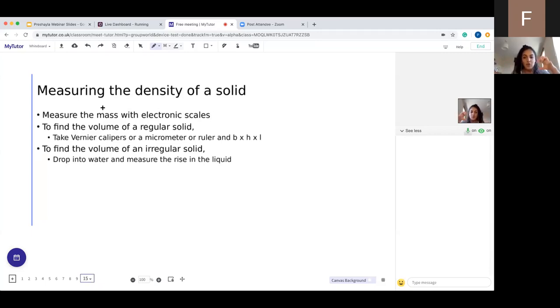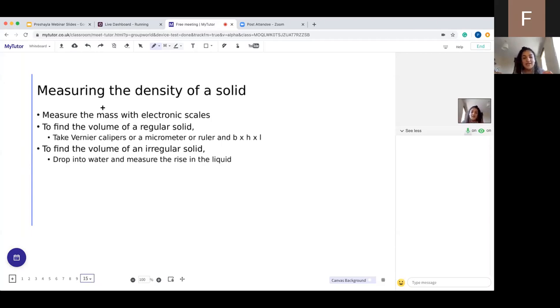We're going to drop our object into the water slowly so it doesn't splash any water out. We're going to drop it in and we're going to measure the rise in the liquid. So before we drop it in, measure the liquid. After we drop it in, measure the liquid. And the rise in the liquid measurement is equal to the volume of our irregular solid.